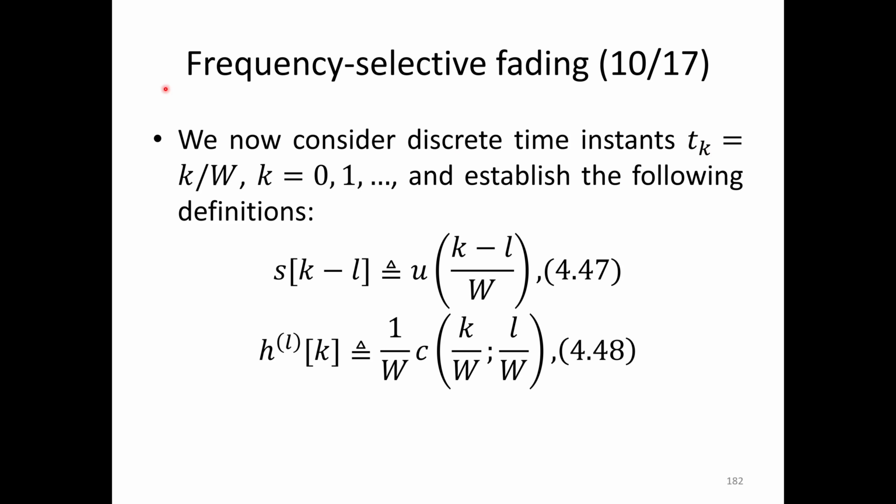Okay, we are talking about frequency selective fading. Tk is equal to K over W. What is W?